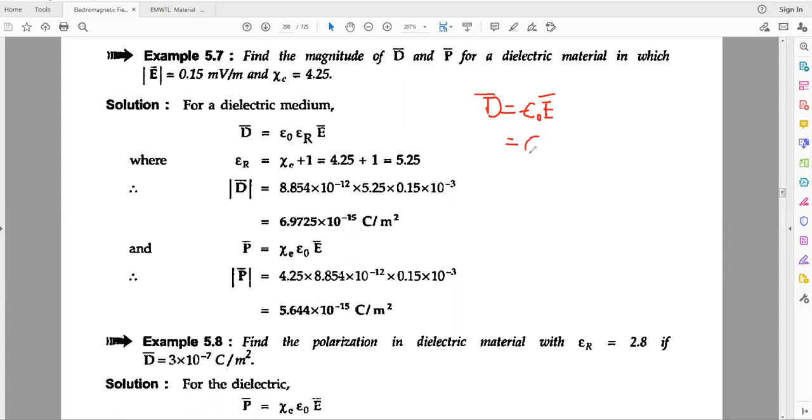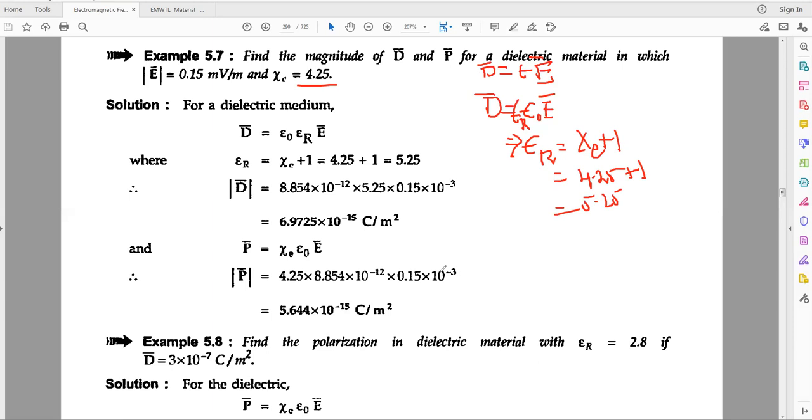Actually it is epsilon into E bar, that is epsilon naught and epsilon R. And epsilon R is equal to χe plus 1. What is the χe given? 4.25 plus 1, that is equal to 5.25. Okay, my dear friends.